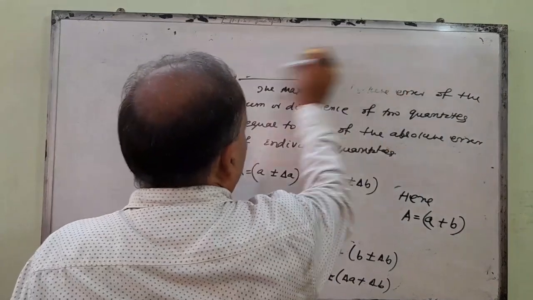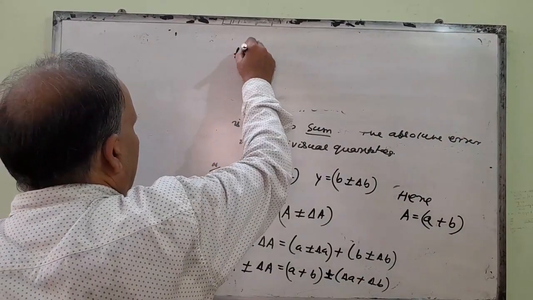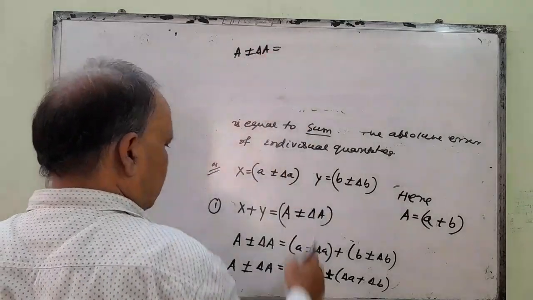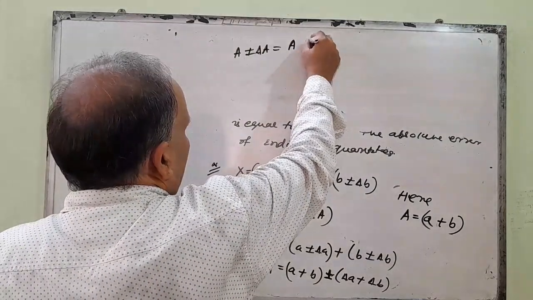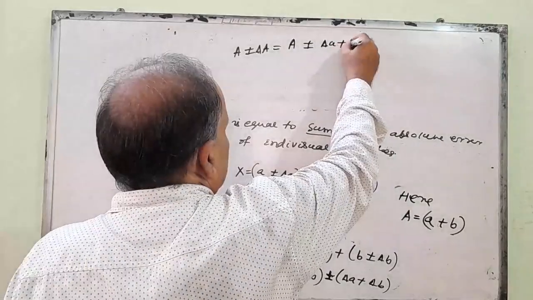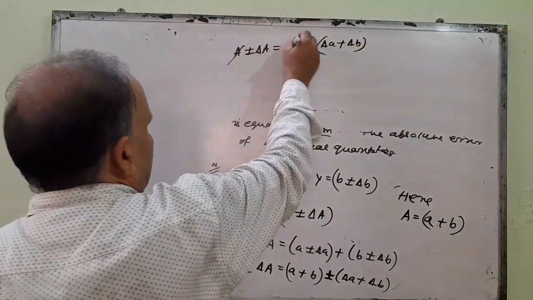So you write, a plus minus delta a is equal to what? In this case you write a plus minus delta a plus delta b. So you cancel a.